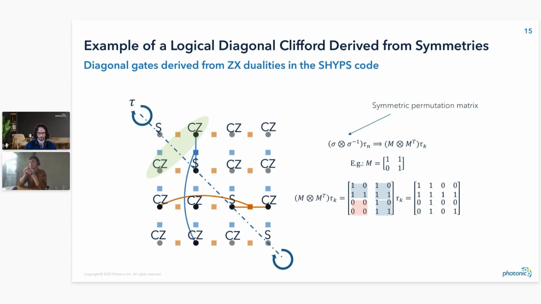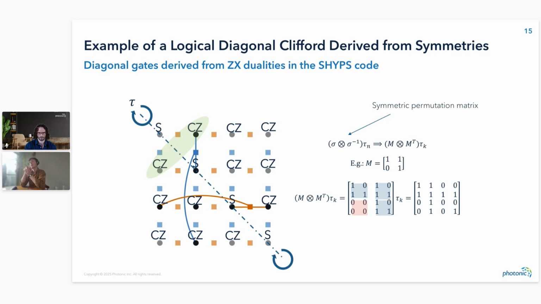Well, we take one of the classical symmetries, sigma, we tensor it with its inverse. We also compose it with this ZX duality tau that indeed produces a symmetric permutation matrix. And we use the entries of that matrix to basically tell us where to lay down physical S and physical CZs.